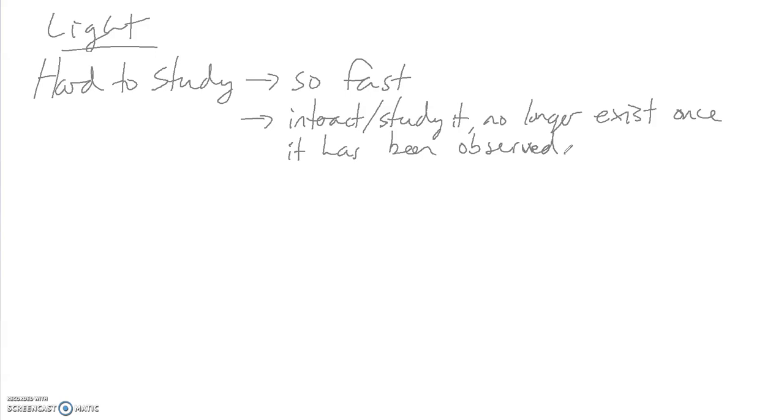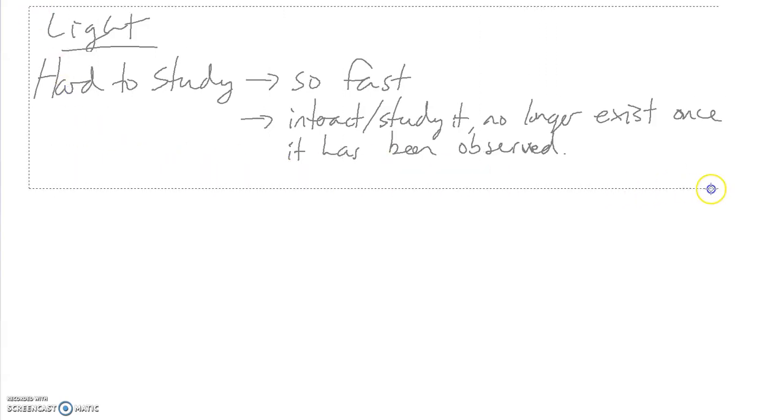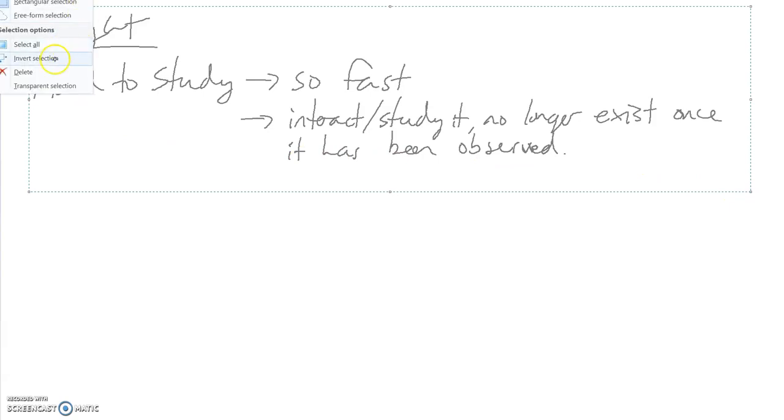Now we're going to start by looking at some of the main theories. There have been a few theories of how light works, but we are going to focus on one of the first major theories that was published, by Newton. Newton published a document called Optics, which was trying to explain how light works.